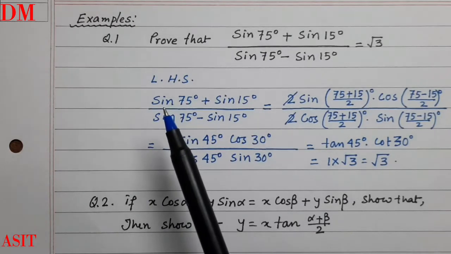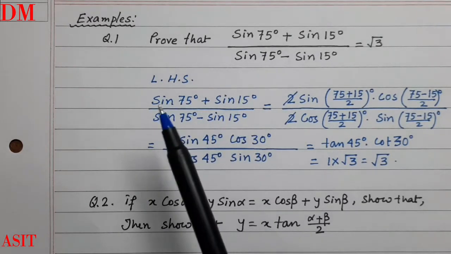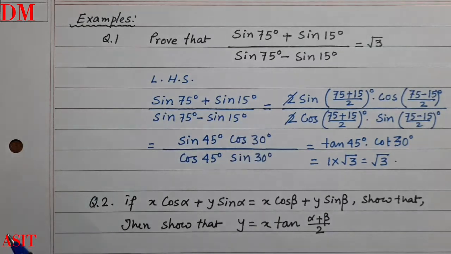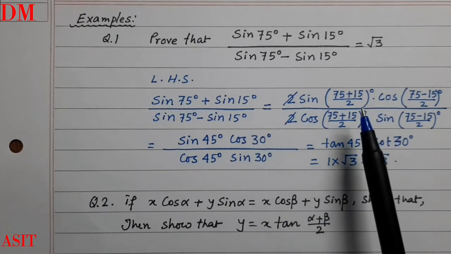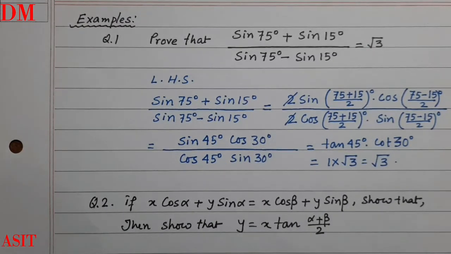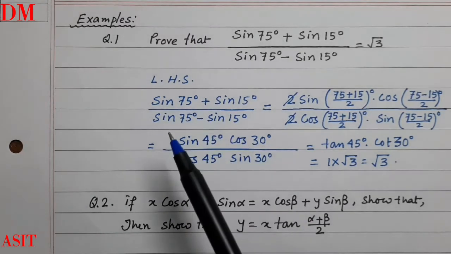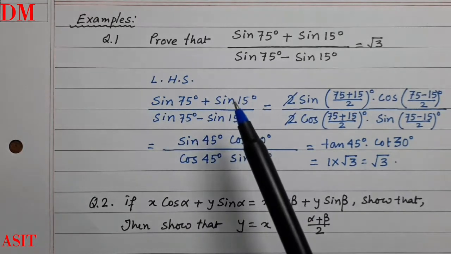Here in the numerator it is sine 75 degree plus sine 15 degree. Now we can use the formula. I will use the sine A plus sine B formula.